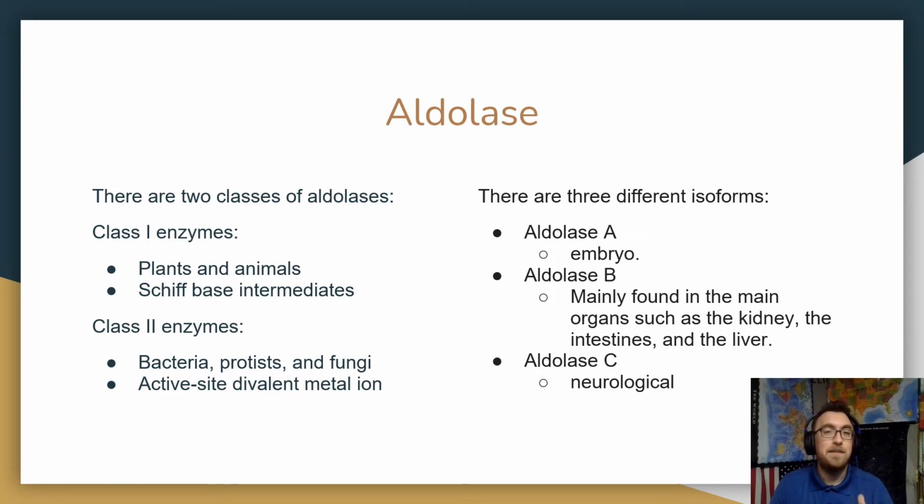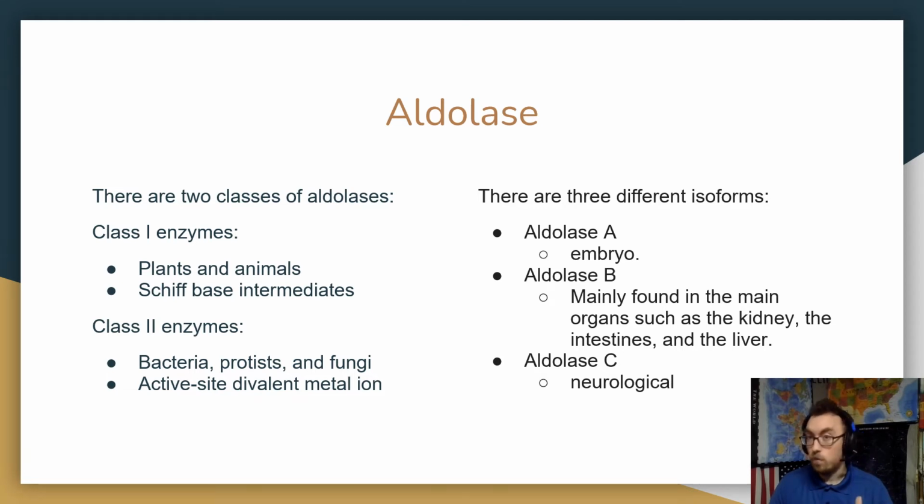Many species of plants and animals have both types of enzymes, but the two different types of aldolases are completely unrelated. They have different structures and sequences, even though they catalyze the same reaction. Isozymes are found in each class of enzyme, and in vertebrates, the genes encoding each of them show tissue-specific expression.